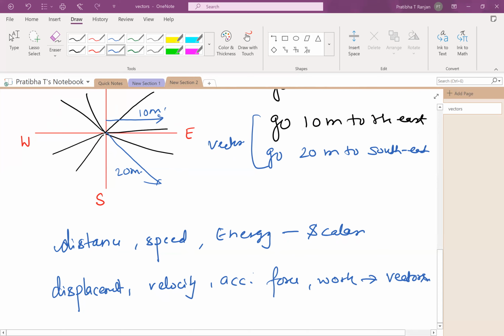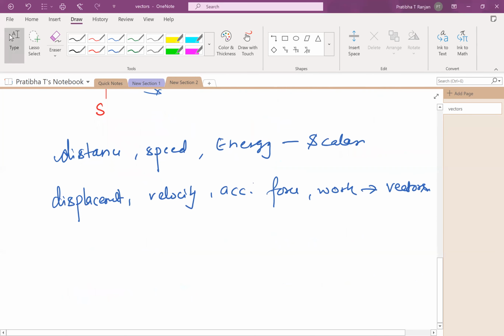Now here the arrow represents which direction it is heading towards. The length of the arrow is proportional to the magnitude of the vector. So suppose I say there is a 4 Newton force, it looks like this, and if I say 8 Newton, then it's like this, right? This arrow represents the magnitude of the vector, the force.